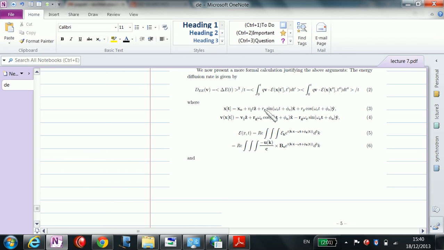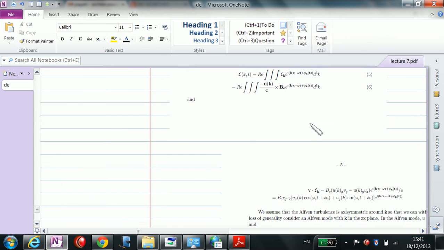Now, when there's no gyro frequency, when there's no gyration, let's say either because there's no magnetic field or because the particle has no motion perpendicular to it, you can ignore these terms, and then this x naught plus v parallel t is just what I would have written in my other notes, which aren't here. And what's extra here is just the terms proportional to x and y, which represents motion perpendicular to the magnetic field.